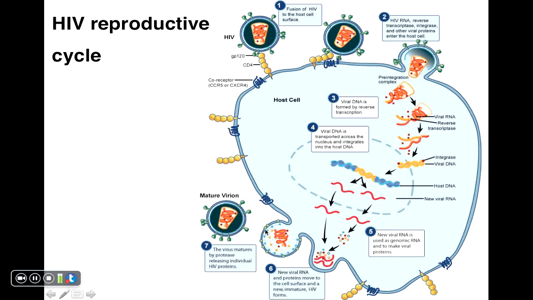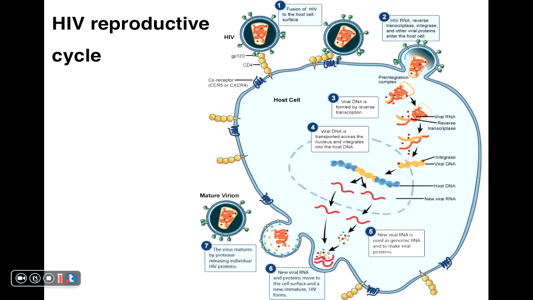So ultimately, what's produced is a new viral particle, complete with capsid proteins, copies of the viral RNA, integrase, reverse transcriptase, everything needed to make a new HIV particle that's ultimately released from the living host cell. So now this HIV is released and it's free to go on and infect other living cells.